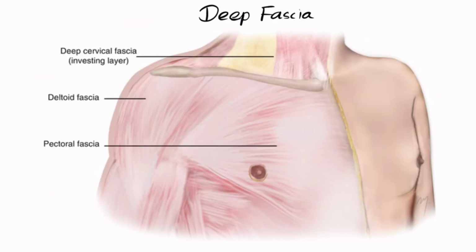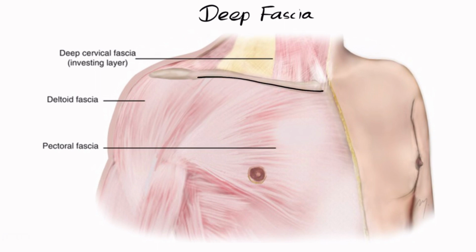Right below the superficial fascia lies the deep fascia, which is also called the pectoral fascia because it covers the pectoralis major muscle. The deep fascia superiorly is connected with the clavicle. Anteriorly, it is connected with the sternum.